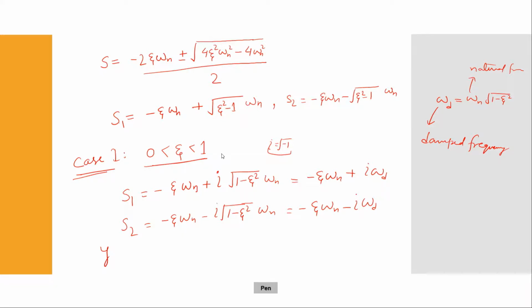So we will replace it with u. We can say the homogeneous solution, because it is free vibration so there are no external forces acting, would be equal to C1 e to the power, sorry, we know the solution is C1 e to the power s1 t plus C2 e to the power s2 t.